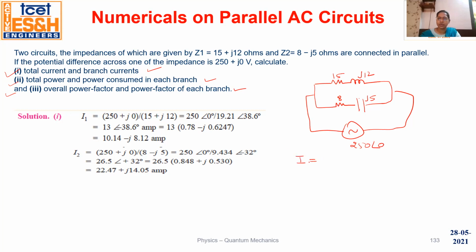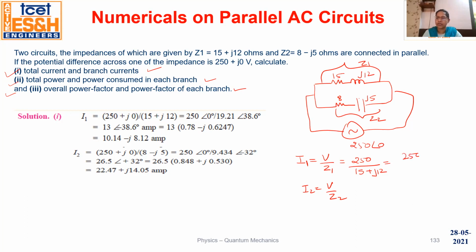So I1 is equal to V by Z1 and I2 is equal to V by Z2. You know that this is the Z1 and this is the Z2. V is 250, Z1 is 15 plus J12. Now you convert this 15 plus J12 into the polar form.